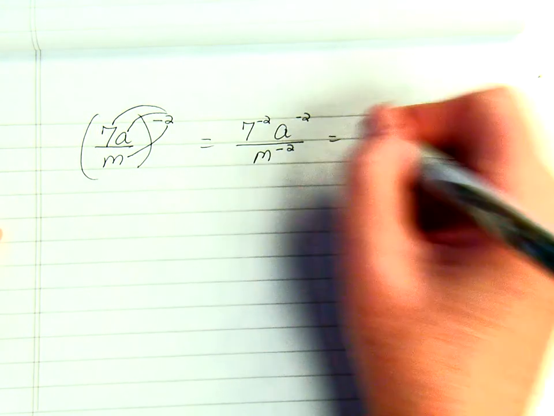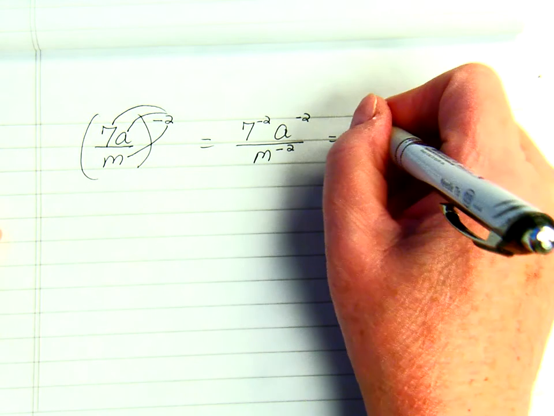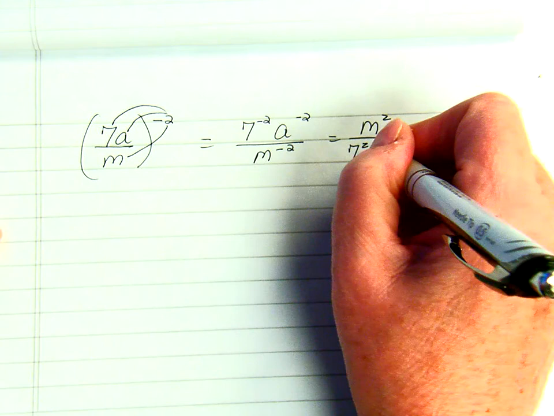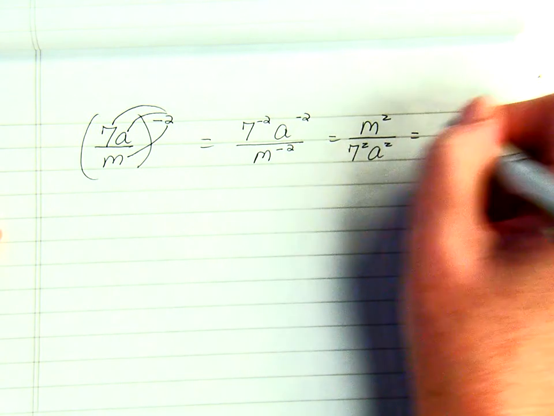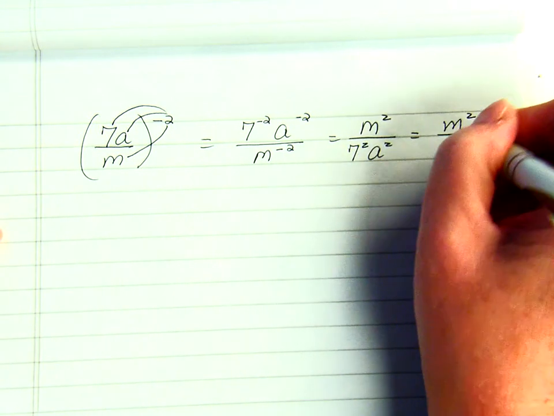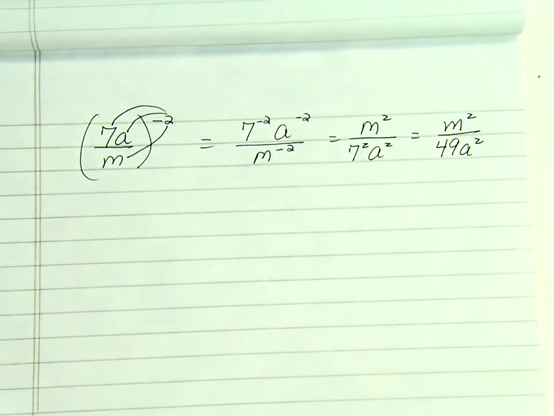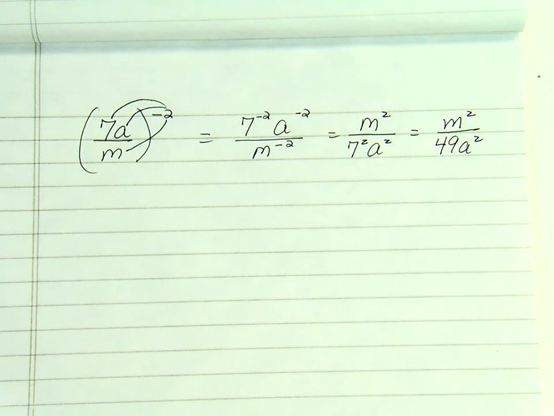Flip everybody on their heads and put them where they belong. M squared over 7 squared a squared, which equals m squared over 49a squared. Okay, so hopefully that all makes sense, and that's it for now.